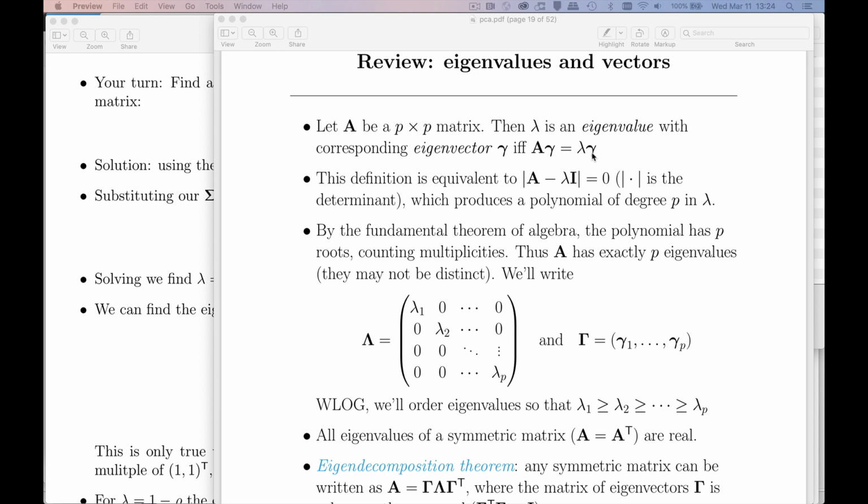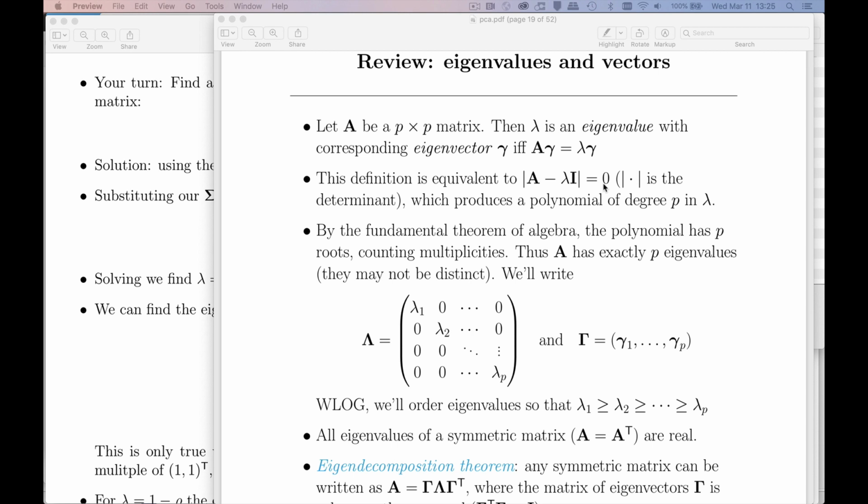Quickly after that, the first result you would have encountered is that the definition is equivalent to this equation: the determinant of A minus lambda times I has to equal 0.